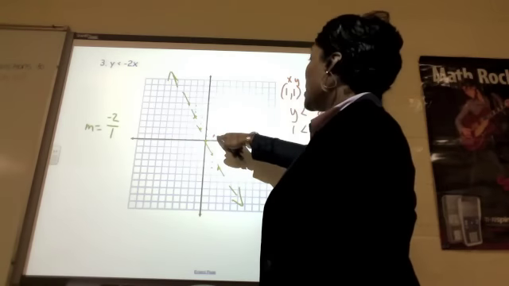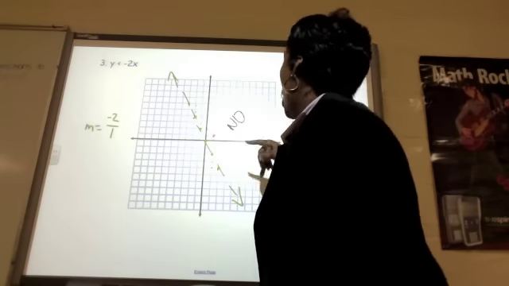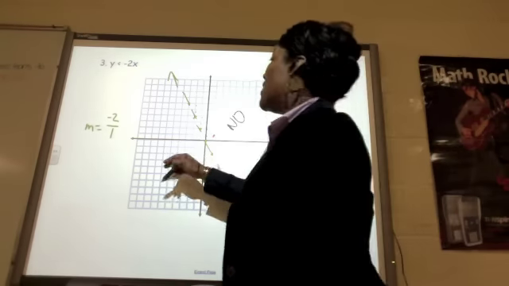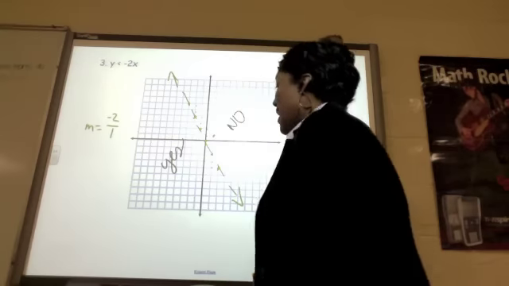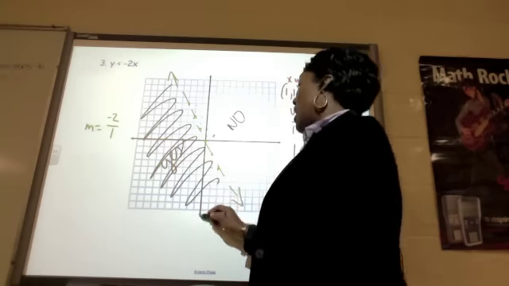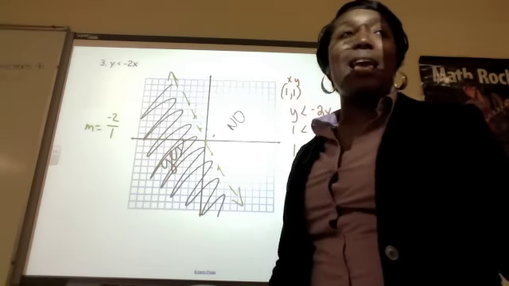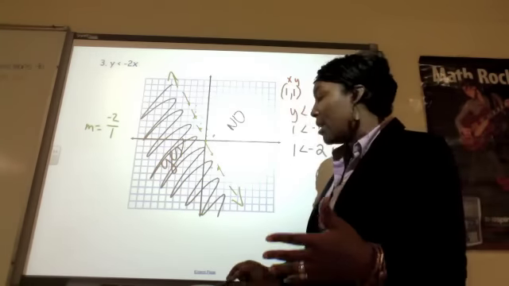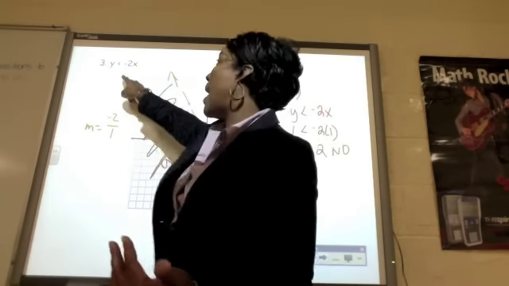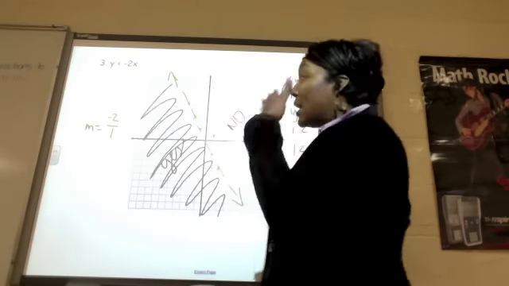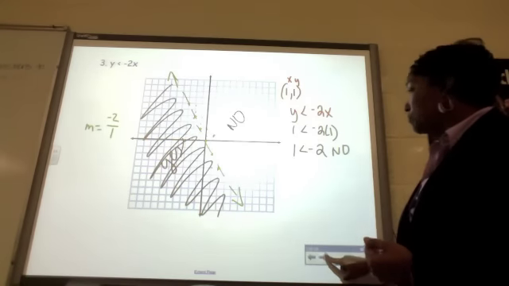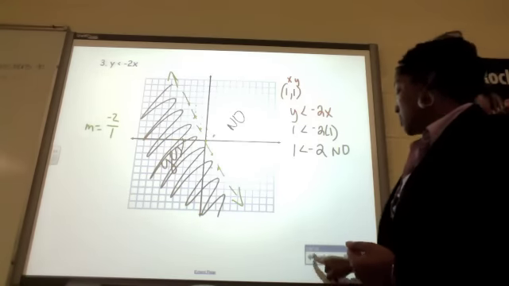Since my point is over here, I'm going to put no, because my inequality came out to be no. If this side is no, then this side is going to be yes, and this is the side that I need to shade. I'm always going to shade the yes side, the side where the points make my inequality true whenever I substitute.